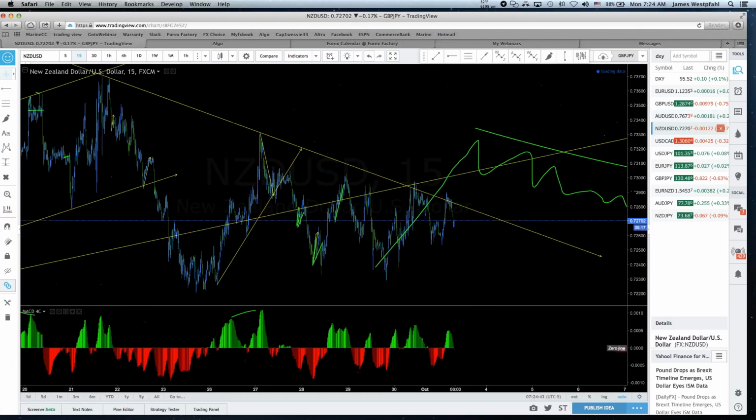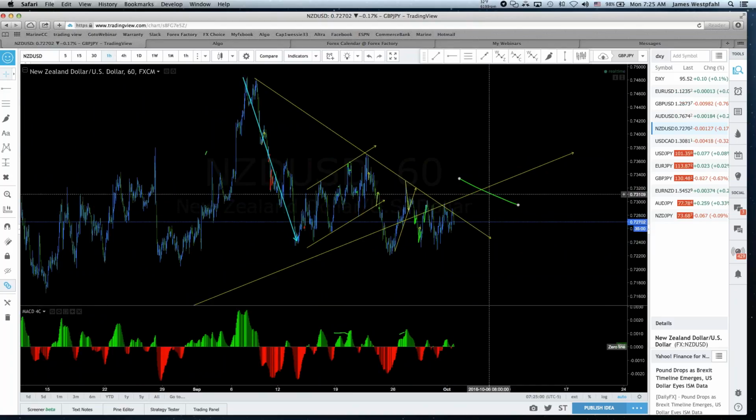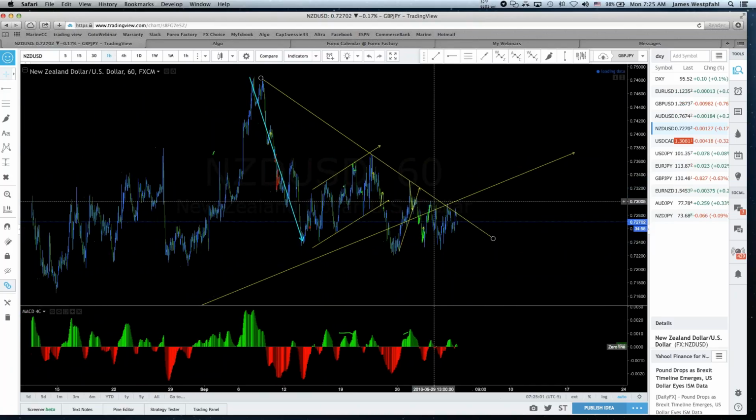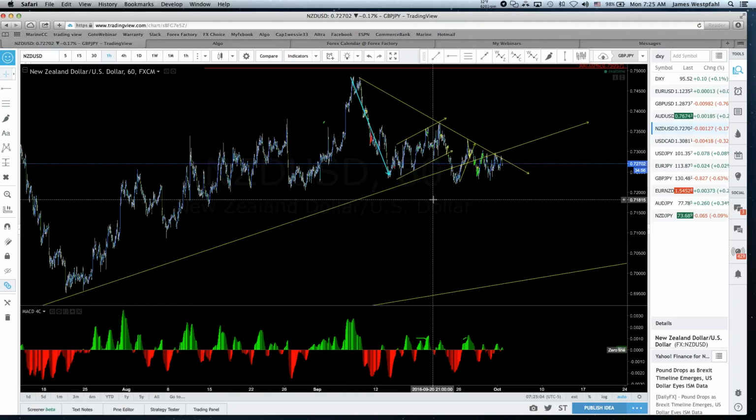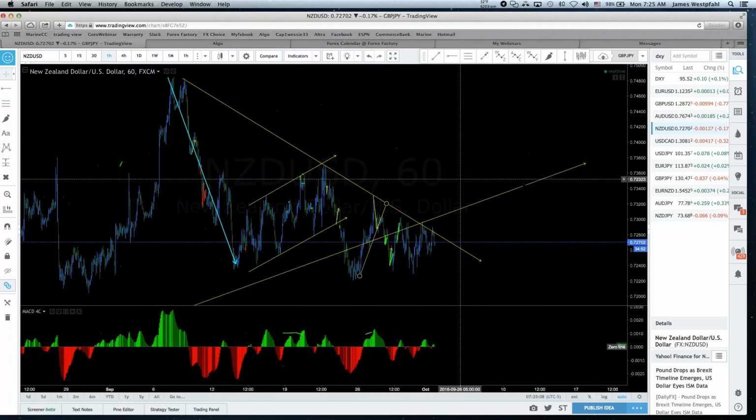NZD dollar really hasn't done anything since that first big push down we caught last week, or might have been the end of the week 2 weeks ago. So this is all still just in consolidation. This isn't the trading we want. So this could go either way yet. We have some type of ending pattern in here.